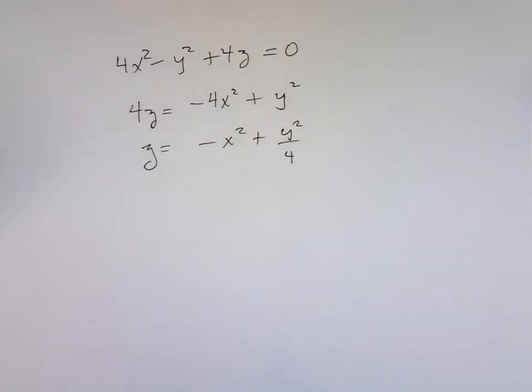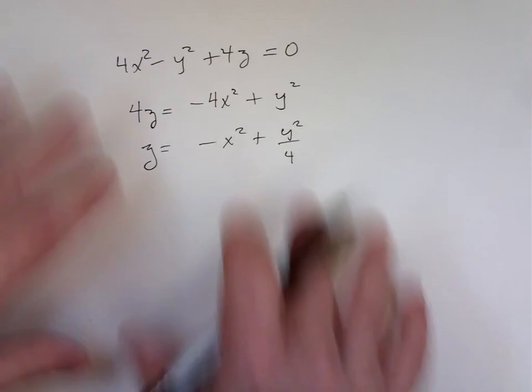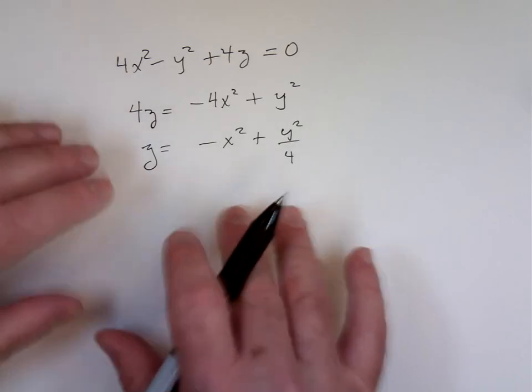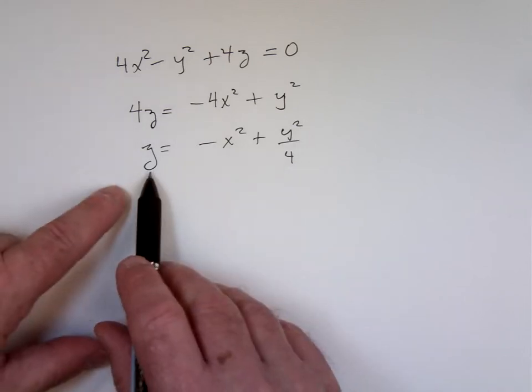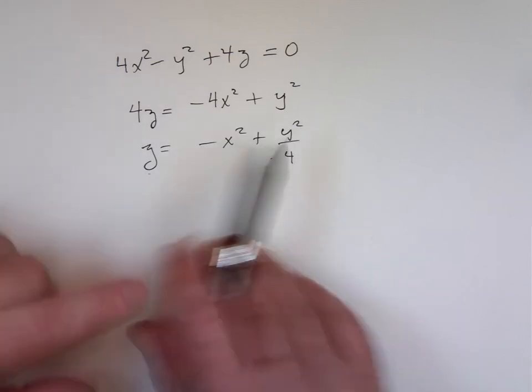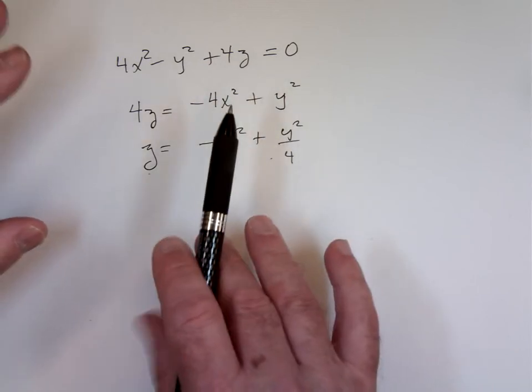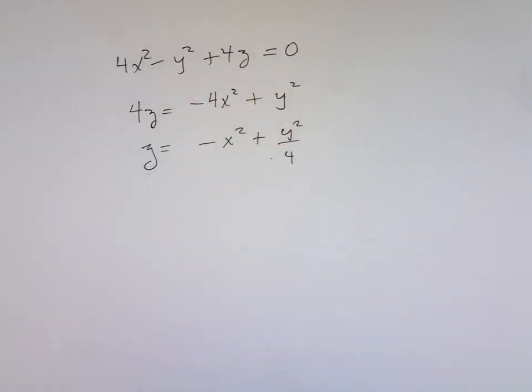What this will give you, and I'm going to ask you for traces, okay? I don't want you to have to try and draw this thing out or figure out what it looks like. Mathematica does that. This is a straightforward Plot3D. Mathematica will do that. I think you should at least be able to determine what the traces are, okay? And that's what I'm going to ask you for. So what are the traces here?